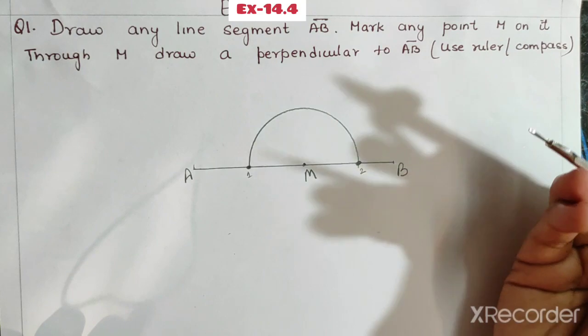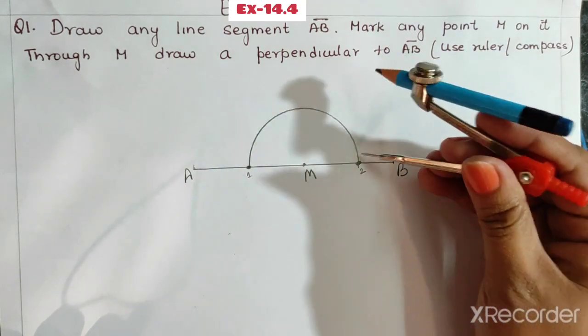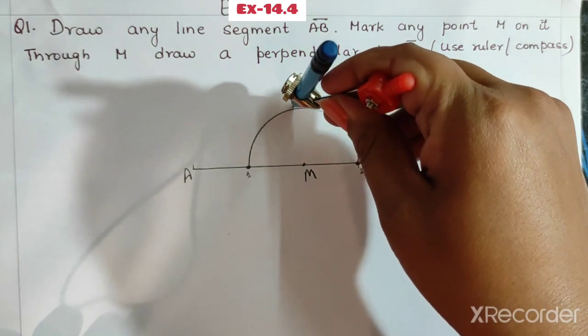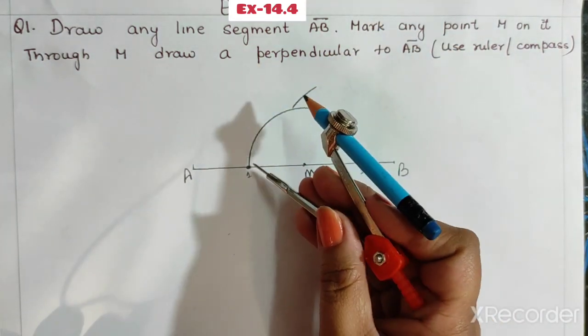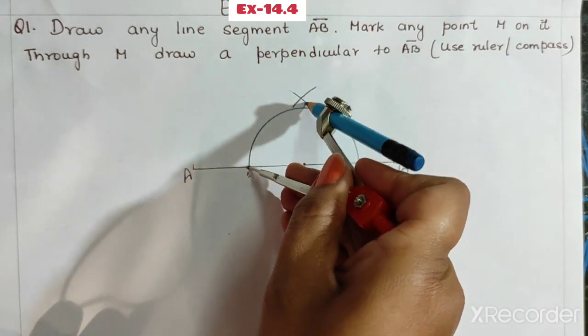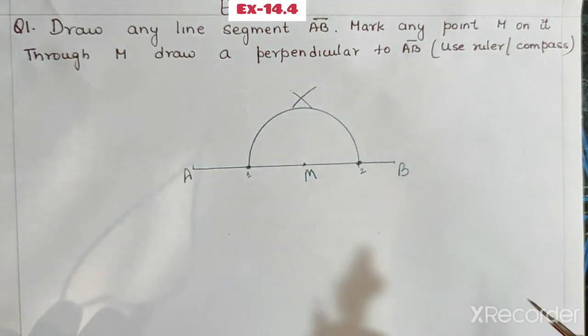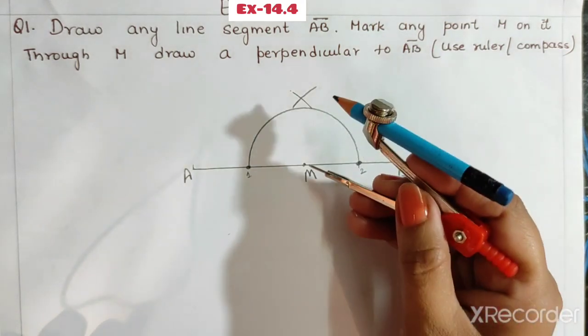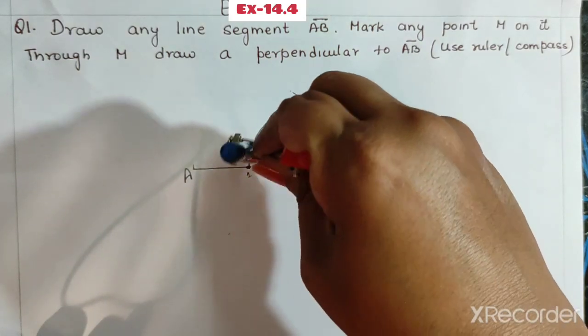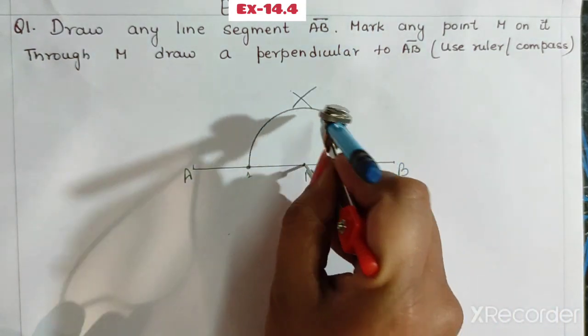With any random length of the compass, you have to mark an arc from point number 2, and then with the same length, which is most important, you have to cut another arc. Just see what we have done. First of all, from point M, I opened my compass randomly and drew a semicircle.